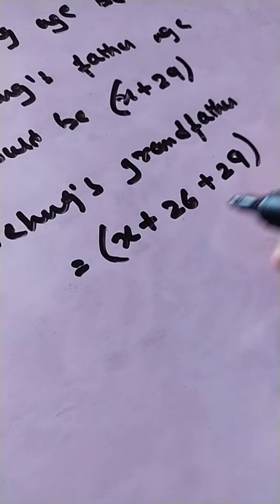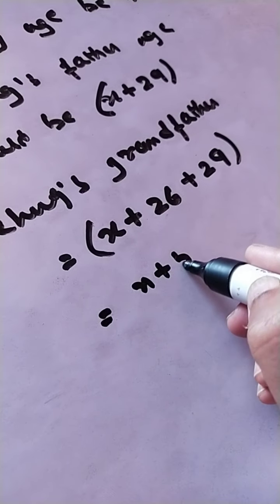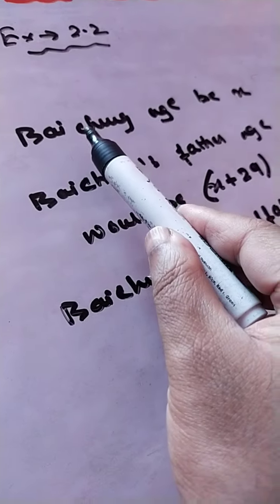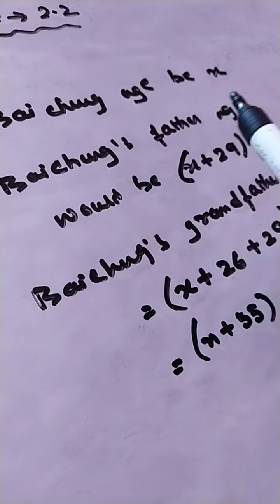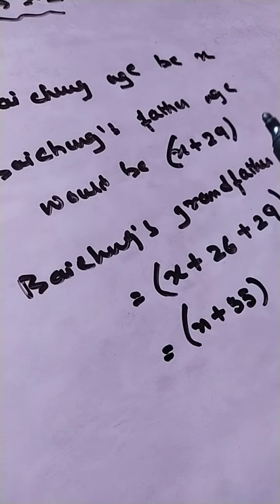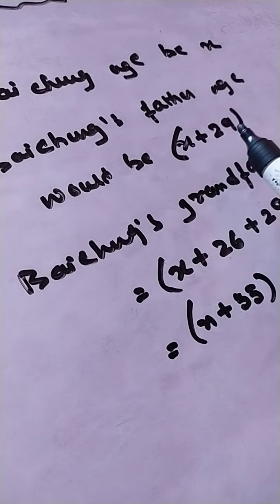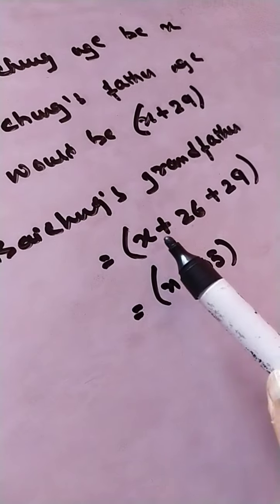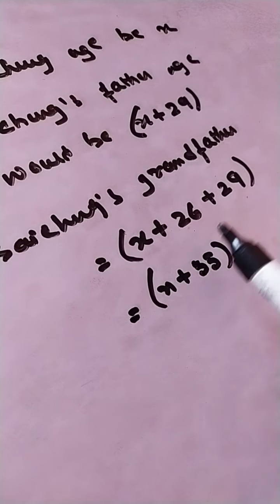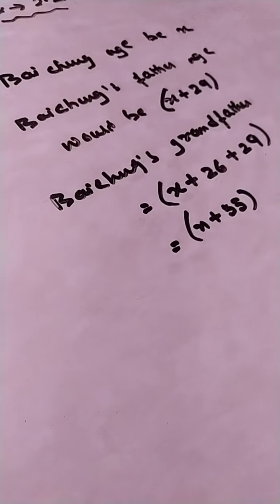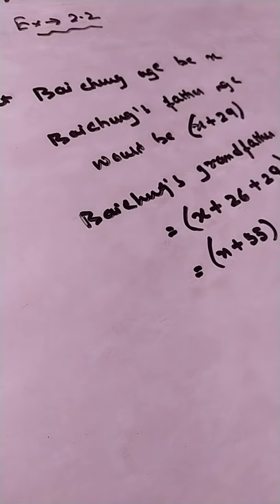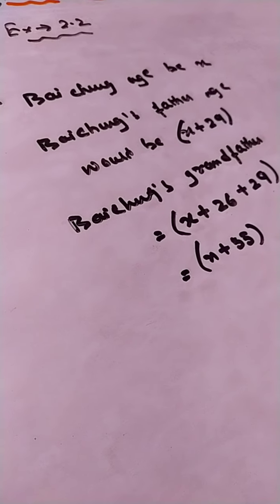So that would give you the age as x plus 55. So if Baichung's age is x, Baichung's father's age is x plus 29, and Baichung's grandfather's age compared to Baichung is x plus 26 plus 29, that is x plus 55.